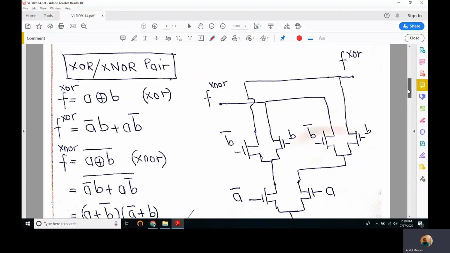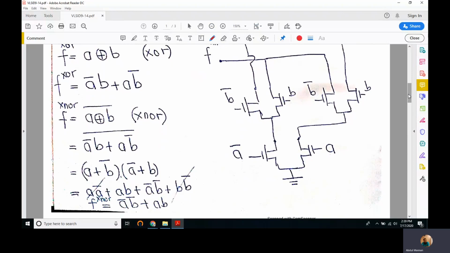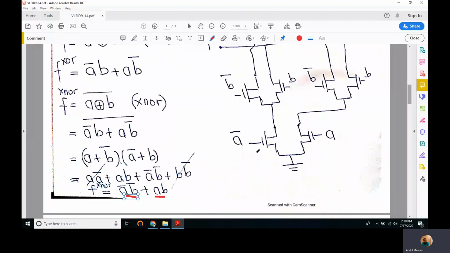If we solve it using the Boolean algebra techniques that we studied in elementary courses, we get A complement B complement plus A and B. So in both expressions we have A and A complemented, B and B complemented.